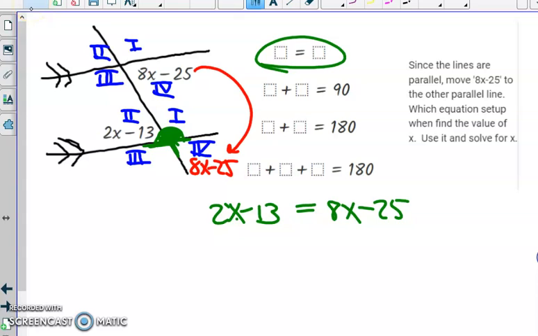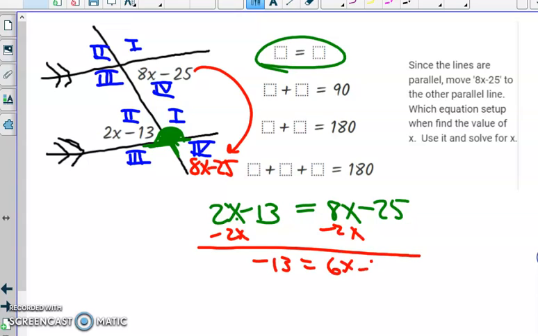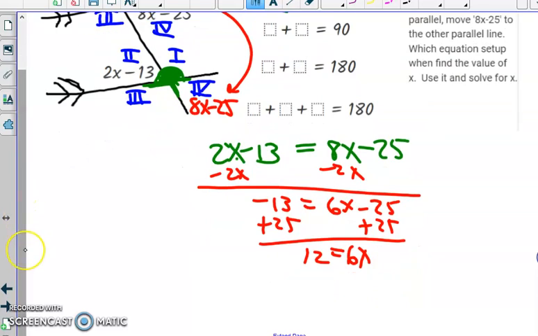And this one here, I don't have like terms to collect, so I'm going to subtract 2x from both sides. So I get negative 13 equals 6x minus 25. And add 25 to both sides. 6x equals 12, 25 minus 13, divide both sides by 6, and x is 2.